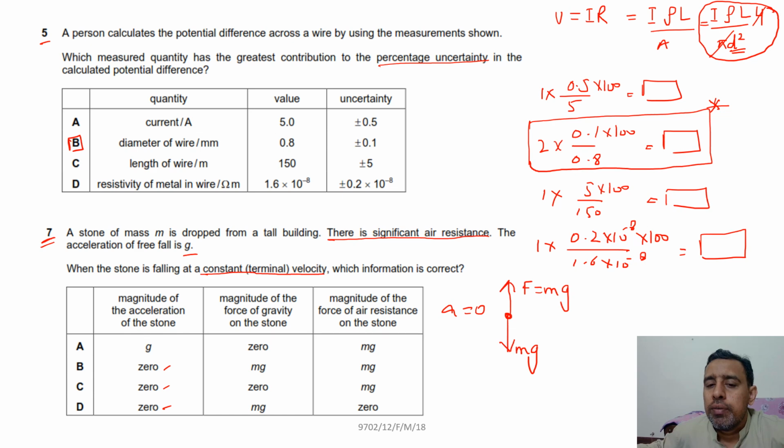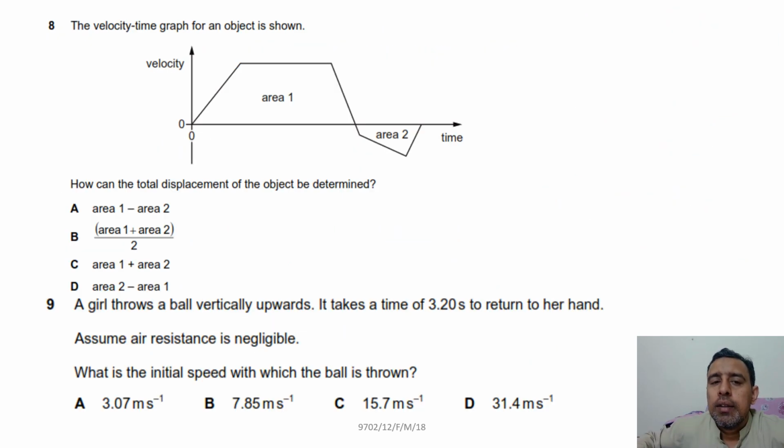The magnitude of the force of gravity on the stone is this one, this is the weight, so this and this are the remaining correct options. Magnitude of the force of air resistance, this one must be mg, so option B is correct. It is a simple question.